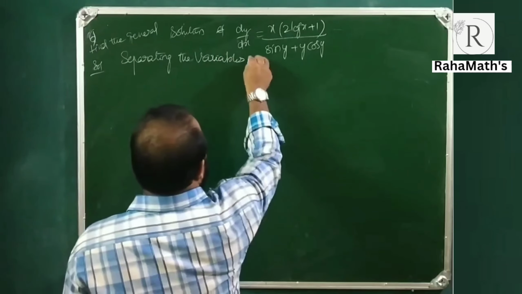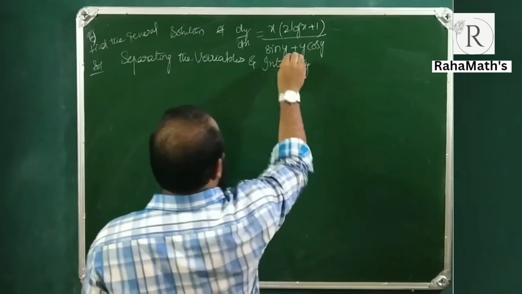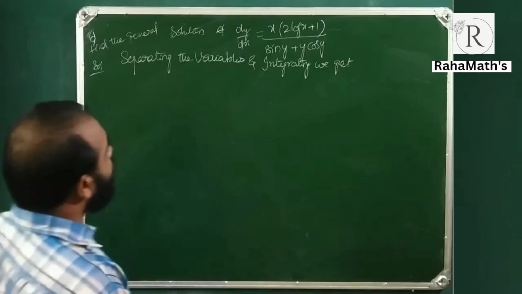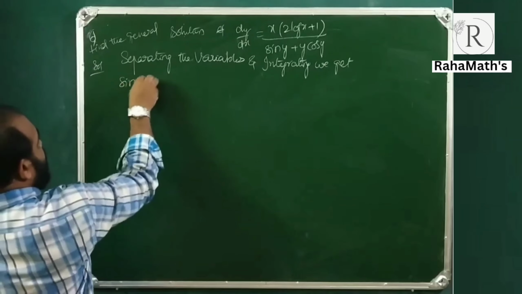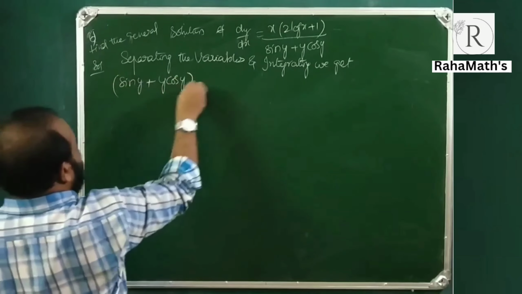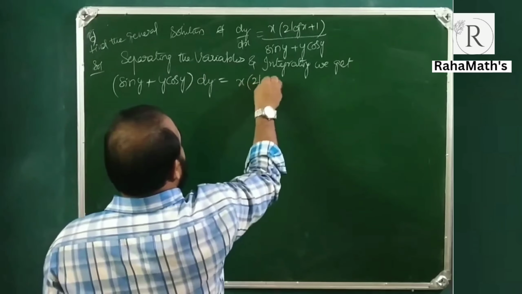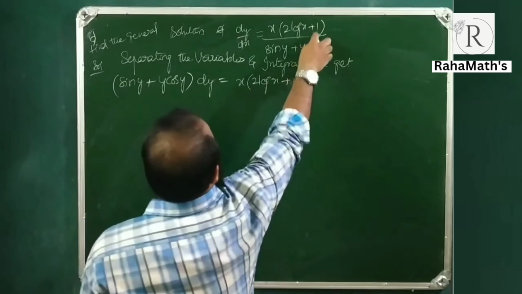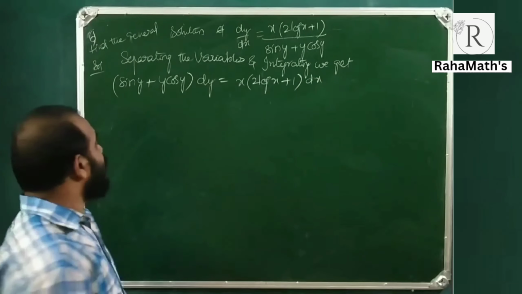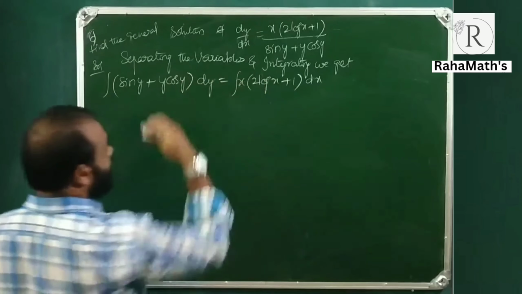We get, and integrating, we get this: sin y plus y cos y dy is equal to x into 2 log x plus 1 dx. I just cross multiplied. So this is equal to, and integrating on both the sides.